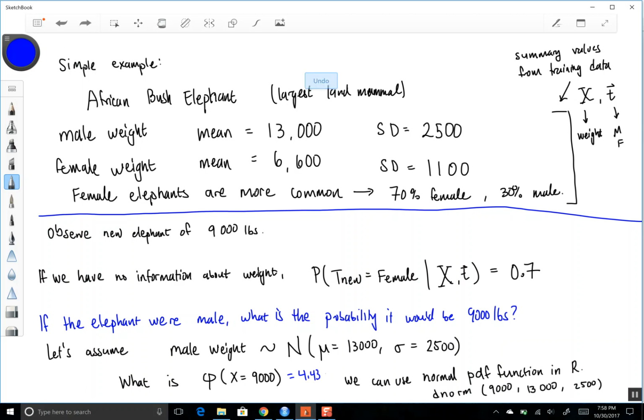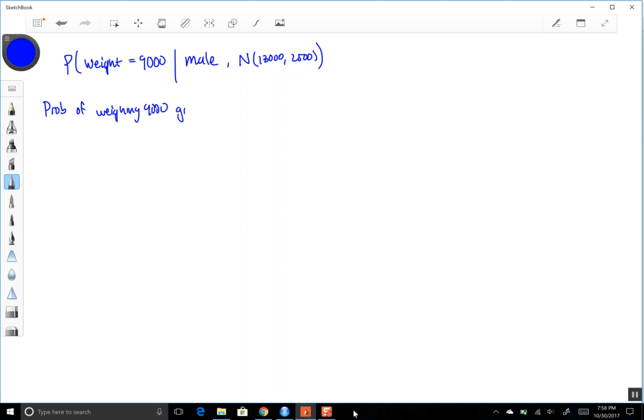So what we have is the probability that weight equals 9,000 given male, with a normal distribution of 13,000, 2,500. So this is the probability of weighing 9,000 if the elephant is male.